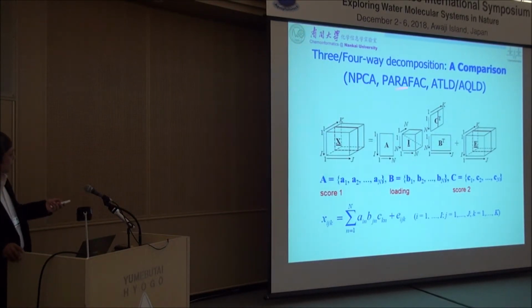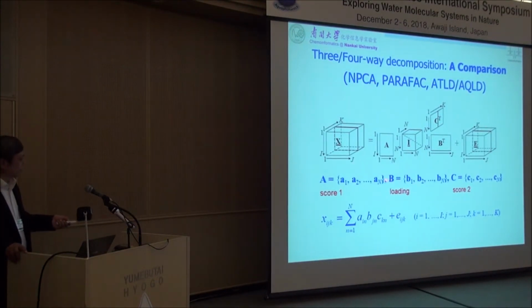Last year, we also did a comparison with the high-dimensional decomposition methods. These are traditional methods proposed by other groups. We just tested the application of these methods for processing temperature-dependent spectral data. Theoretically, such methods should give us more information.